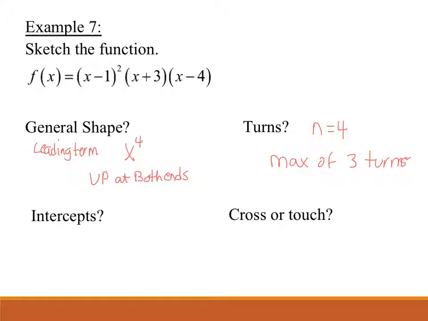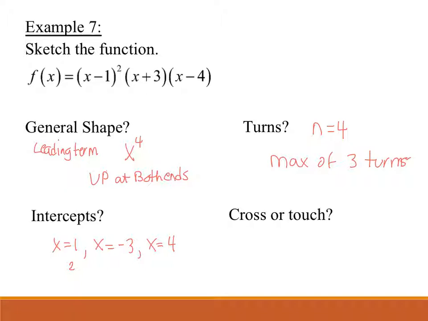Intercepts, well, we know what they are. x is equal to 1, x is equal to minus 3, and x is equal to 4. But we have a multiplicity of 2 at one of the intercepts, so where does it cross?